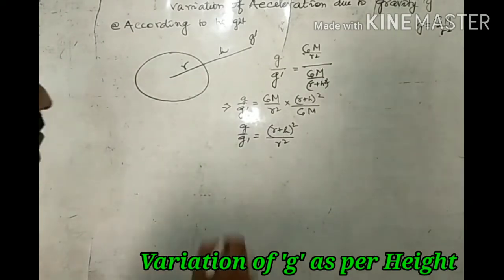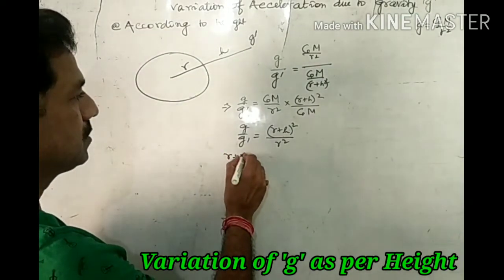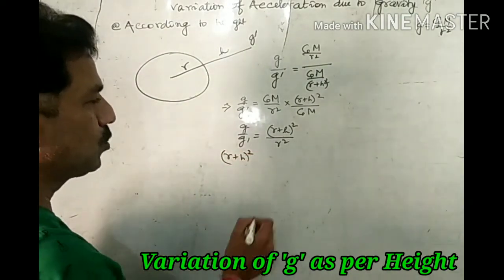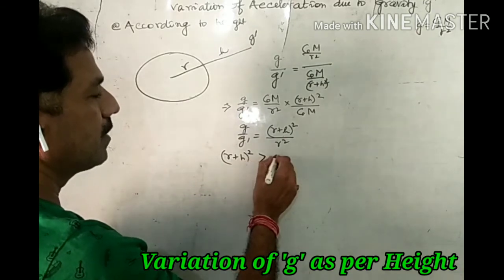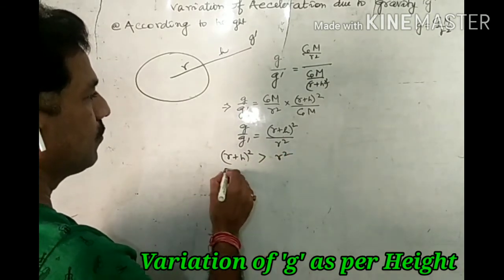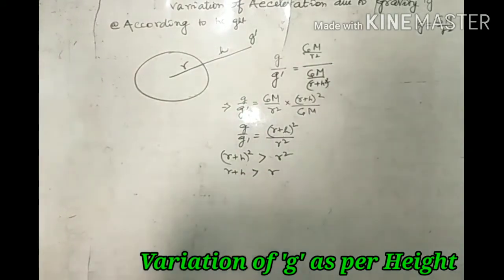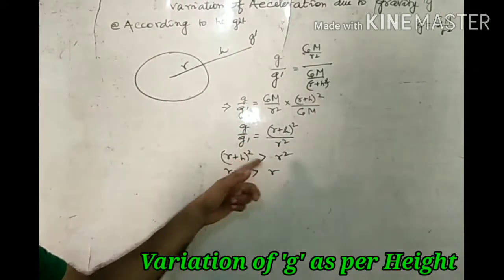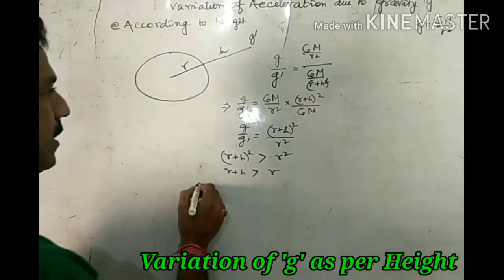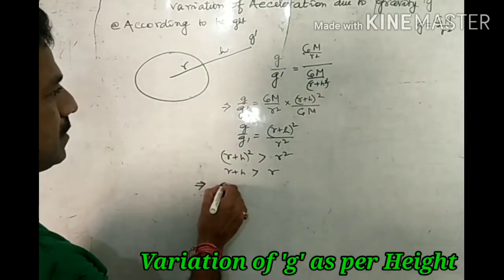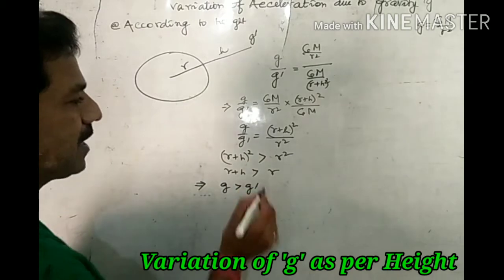That means here (R plus h) square will be naturally greater than R square. Therefore R plus h will also be greater than R. So if (R plus h) square is greater, that means g will be greater than g dash.